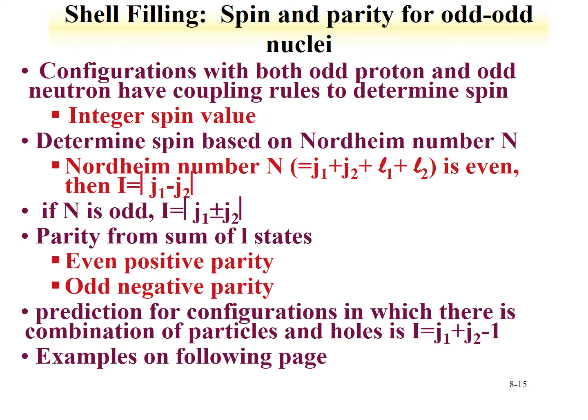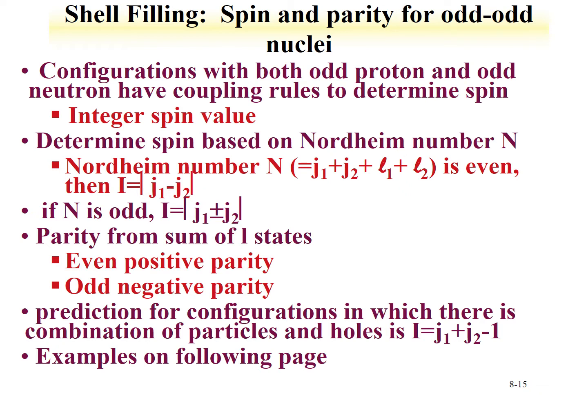Sometimes the coupling method isn't completely straightforward. One route to determine this is the use of the Nordheim number, where the Nordheim number is the sum of the spin and the orbital angular momentums. If the Nordheim number is even, then the spin is the absolute value of the difference between the two numbers.